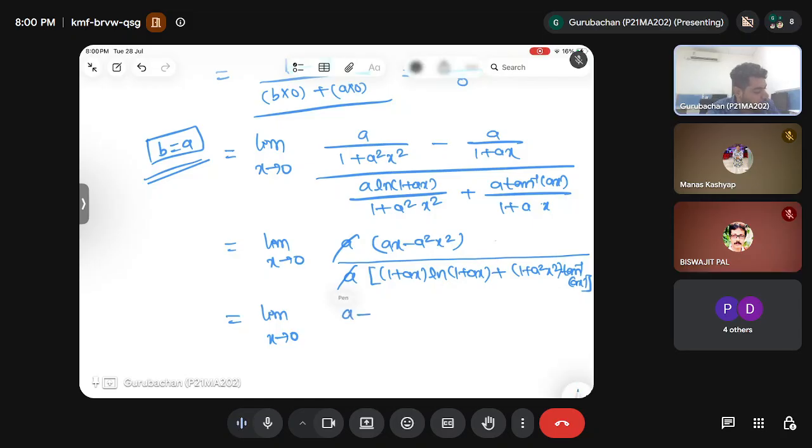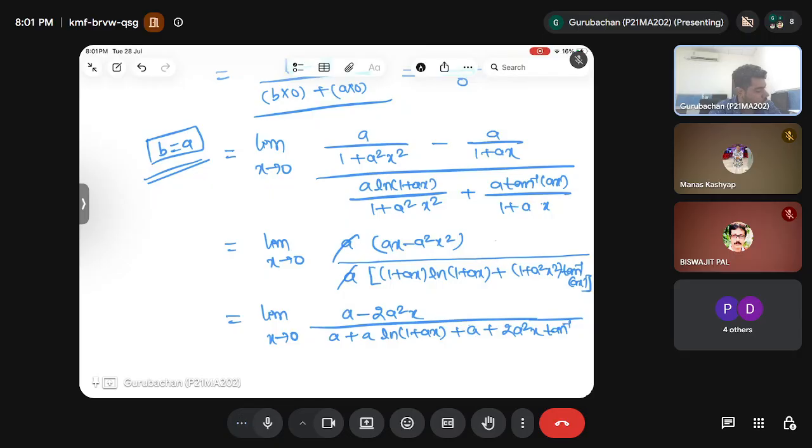So you will get a minus 2a square x divided by, first of all, this will be a plus a times ln 1 plus ax plus, oh sorry, b a plus 2 times a square x tan inverse of ax.